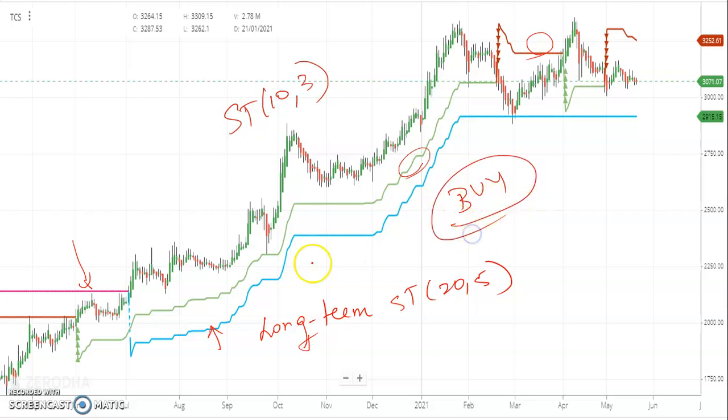Whenever, like here, if you see, this actually gives us a buy signal prior to that, but we do the entry only here when the long term indicator gives a buy, and we ride the trend from here to here. Okay, and this sell signal will not be executed here, because in the long trend we are in an uptrend market. So we should not go against the trend, so we will not execute the sell trade here.